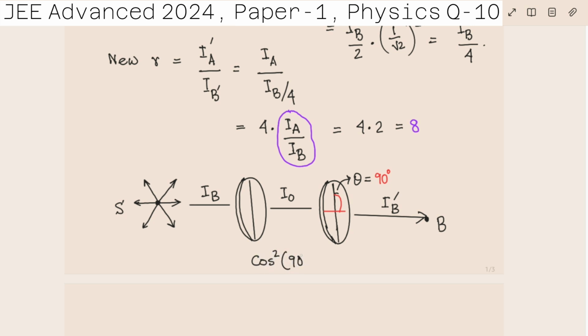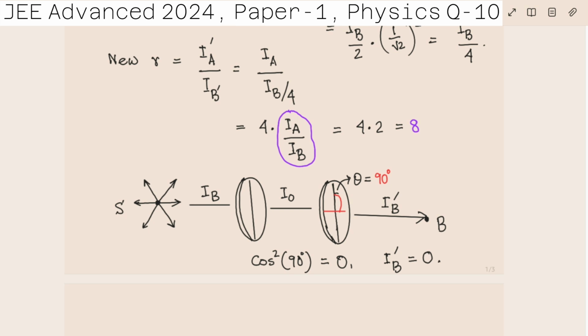So cos squared 90 degrees is 0. If the second polarizer is placed at an angle of 90 degrees, we don't see any light after passing through the second polarizer. So your IB prime is equal to 0.